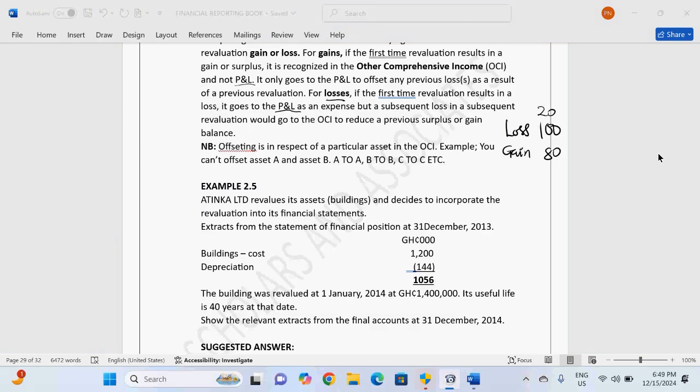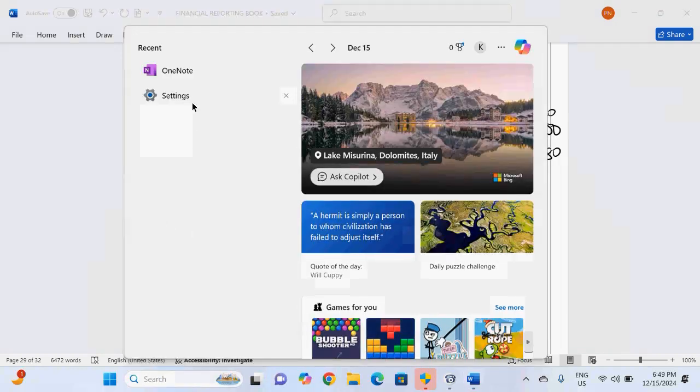Example 2.5. 𝒂𝒂𝒕 Limited revalues its assets, buildings, and decides to incorporate their revaluation into its financial statements. Extracts from the statement of financial position at 31st December 2013.